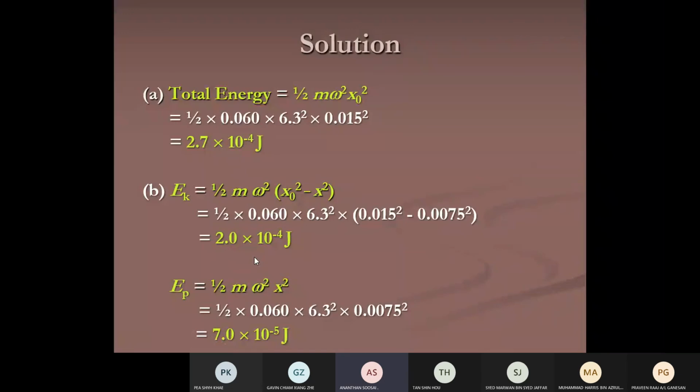So don't think that if the maximum displacement of a pendulum is 10 centimeter x naught, when the displacement is exactly 5 cm, EK and EP have the same value, like half, no. EP is greater. You get to know this when you substitute into the formula.